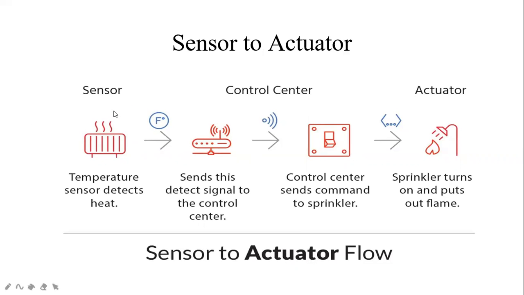First, this sensor will detect your heat, and this heat parameter will act as an input to the control system, and this control system will send a command to sprinkle water on your flame, right? So this is how sensor to actuator works in the case of fire.